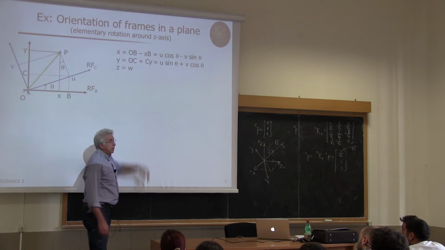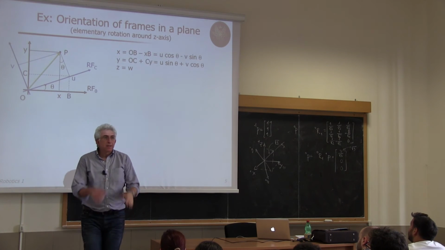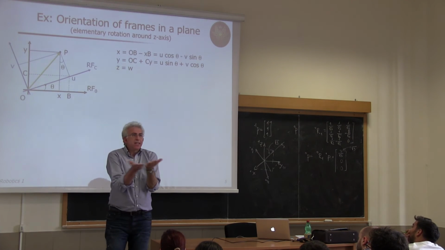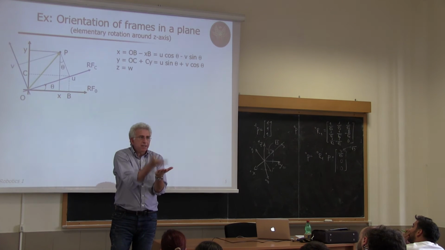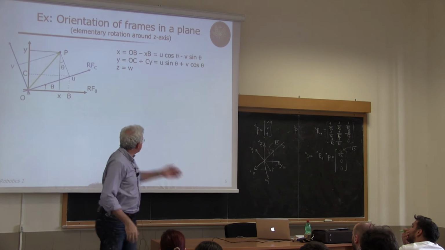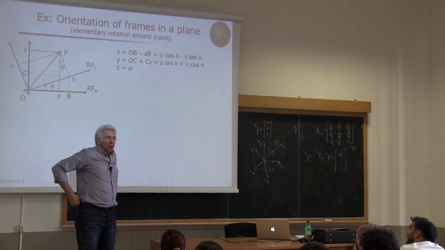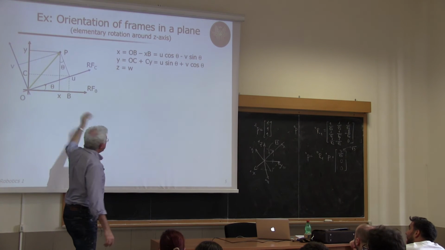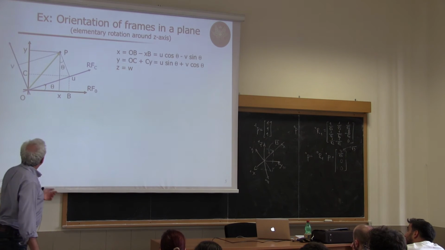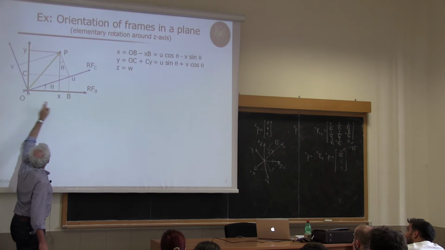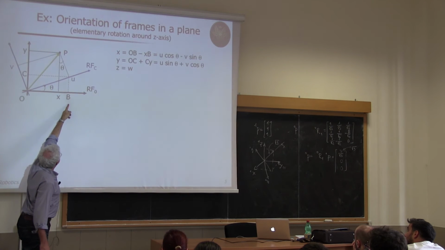Well, let's take z out of the plane, in the sense that it's the same. We just made a rotation, so whatever was the height of this point, it has remained the same. So z is equal to w. But what about the others? Well, the others need some trigonometry. Very simple. So this x is computed like OB minus XB.